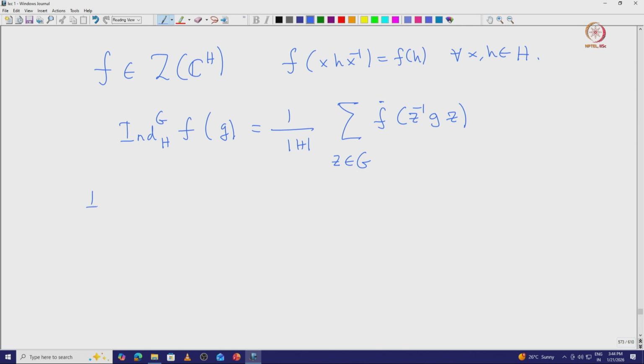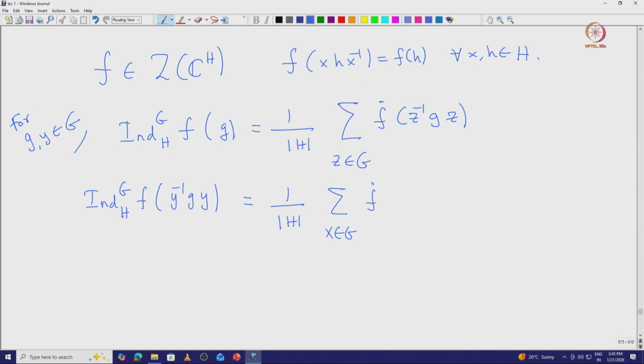Now let's compute what happens to induction G H f of y inverse g y, where g and y are all coming from capital G. Then this is going to be exactly equal to 1 divided by the cardinality of H, summation, let us say, x in G, f dot of x inverse y inverse g y x.